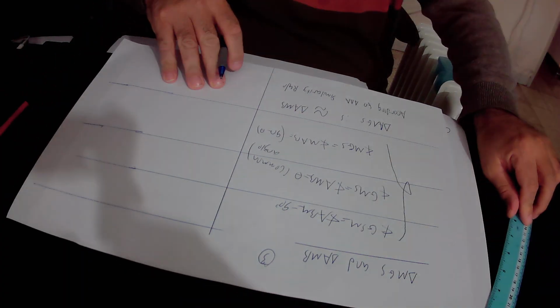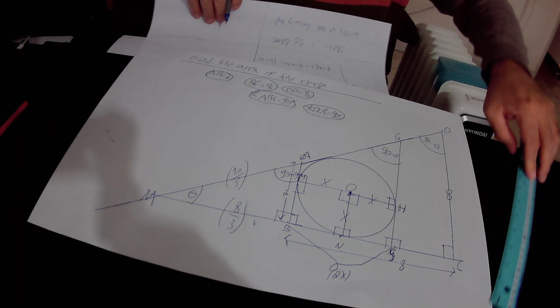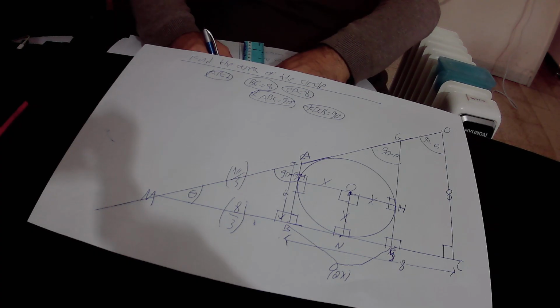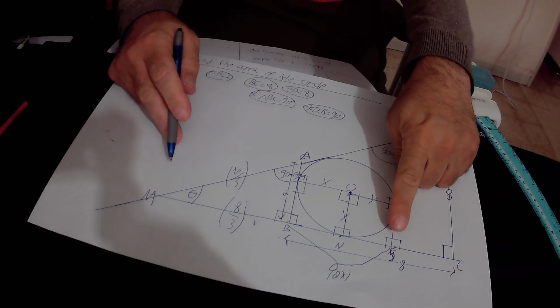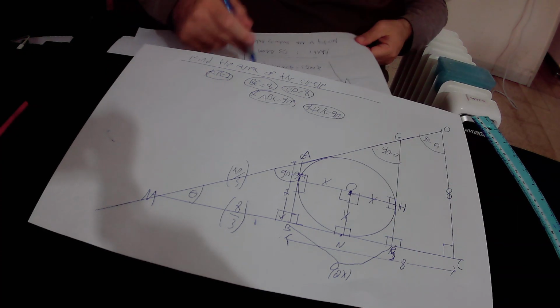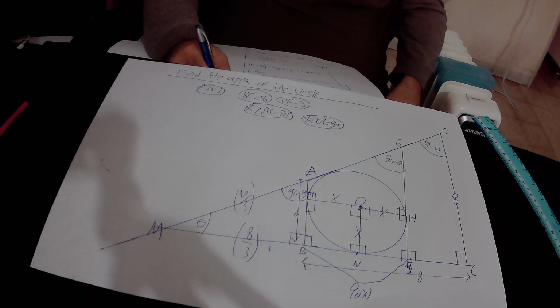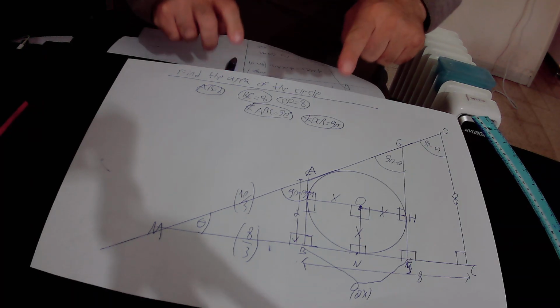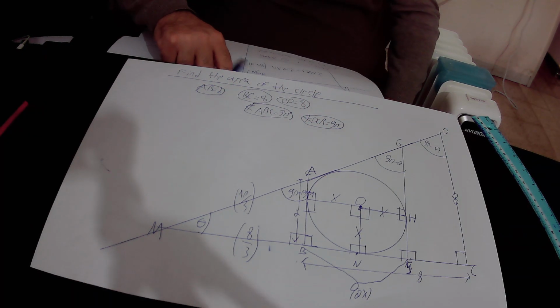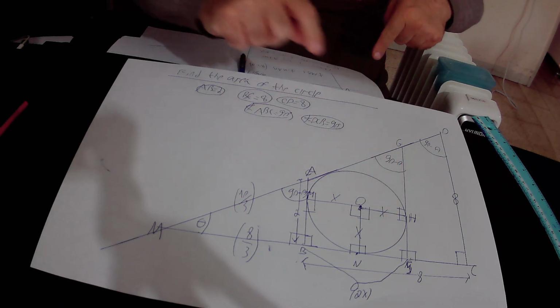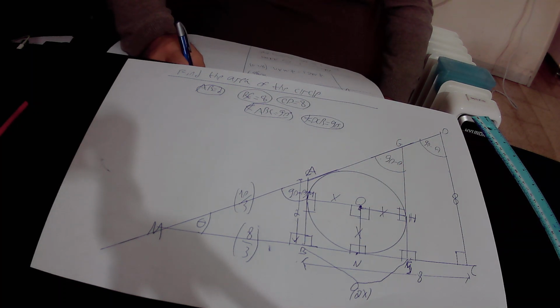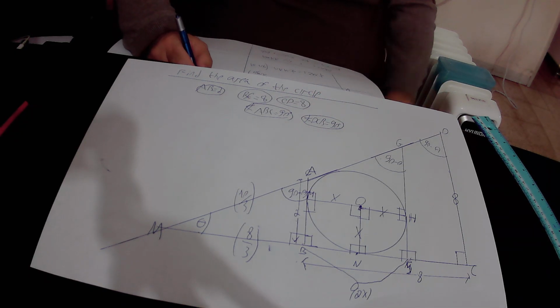We derive that MS in the big triangle over MB in the small triangle is equal to GS in the big triangle over AB in the small triangle.